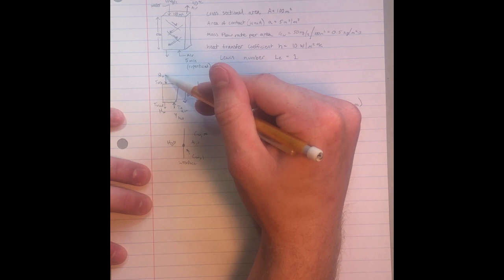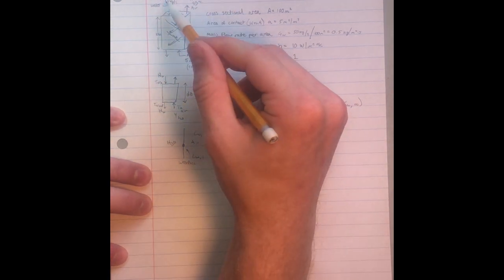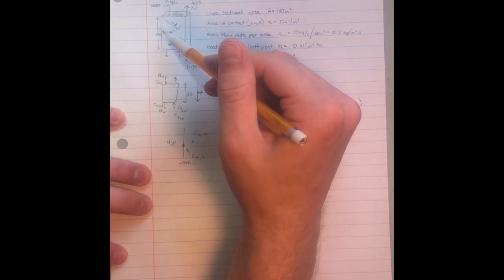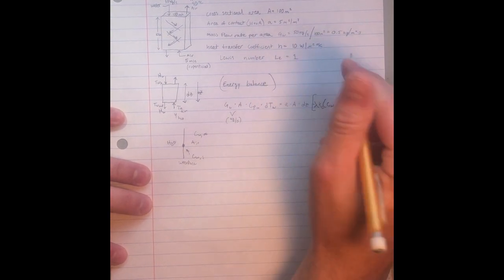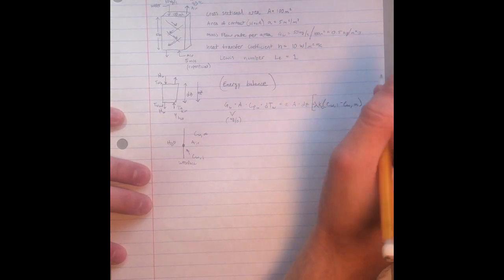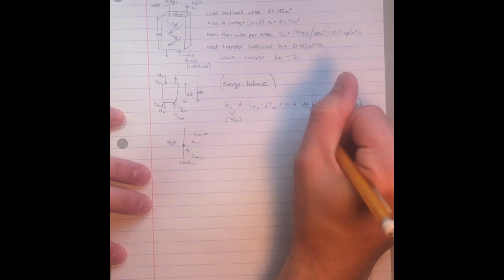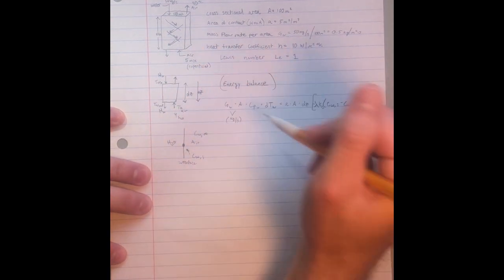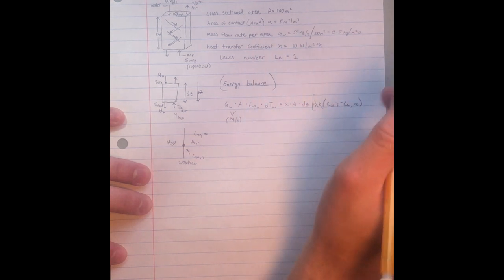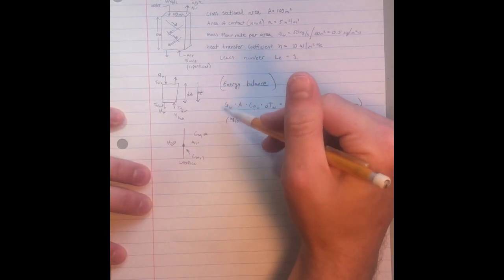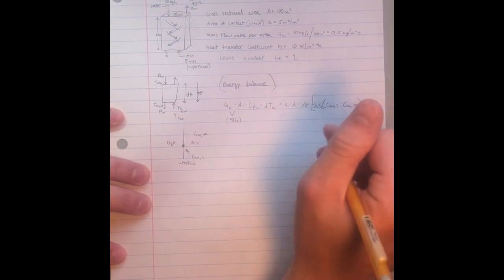What we're trying to show is that as the water moves down the cooling tower, it's going to be cooled, so the temperature is going to decrease. So we'll put a negative sign there so that it represents a decrease in temperature as we go down the column in the positive z direction.